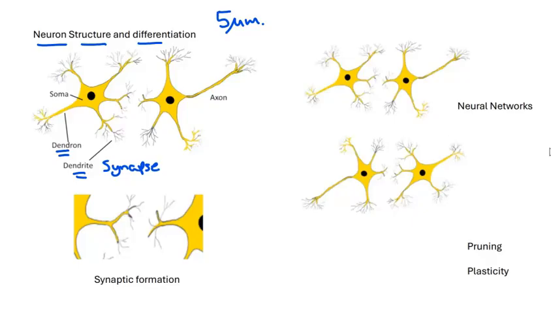But in this case, in the central nervous system, it's largely neuron 1 connecting to neuron 2 at synaptic connections which occur between the dendrites. And so on one side of the dendrite, if we explore this at a greater resolution, at one end of the dendrite you would have the synapse structure.